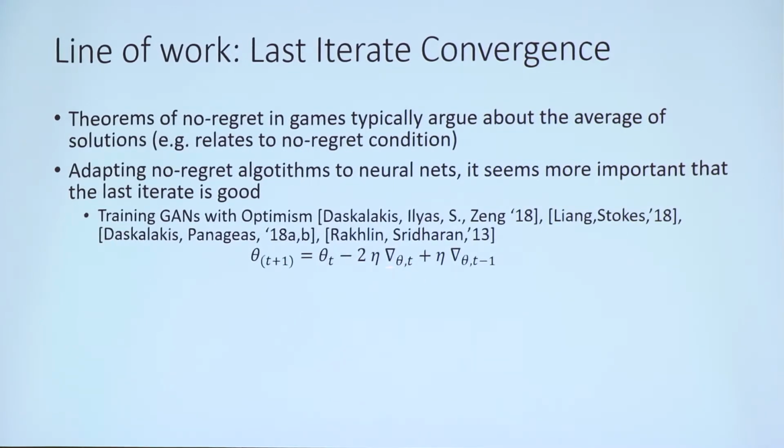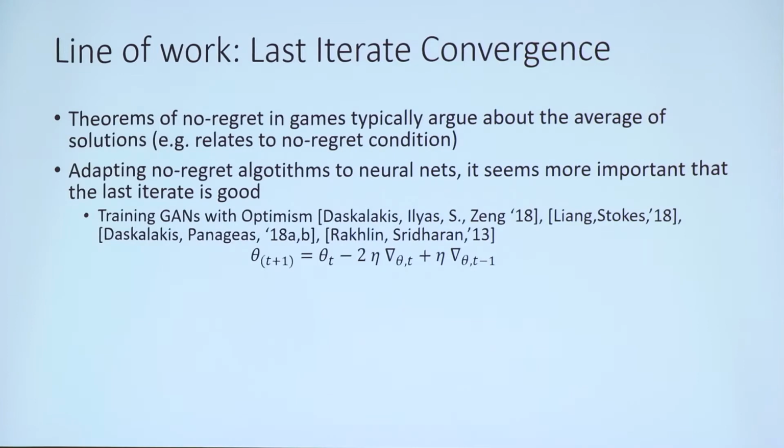This translates to saying I'm going to take twice a gradient step based on the last gradient, and then I'm going to subtract the gradient from the iteration before, so that I only put more weight on the final gradient information. That's one simple modification to gradient descent.